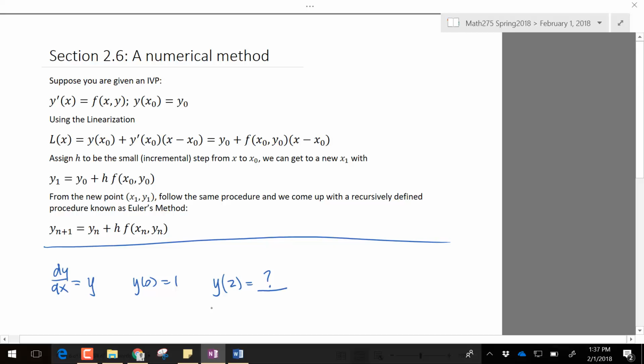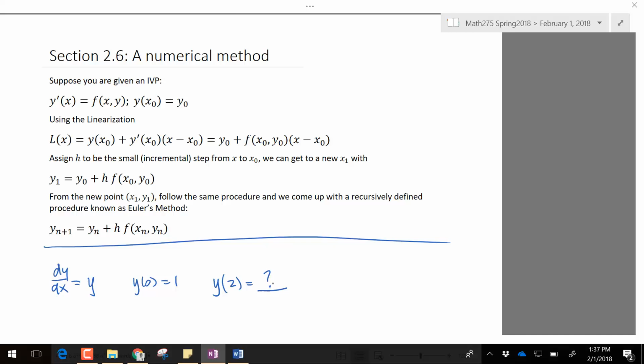So 2 is fairly close to 0. In a scenario like this, you'd be interested to know what y of 2 is equal to. Now, you don't care what y is. In this case, we know what y is, but let's pretend we don't. You just want to figure out approximately what this is going to equal.